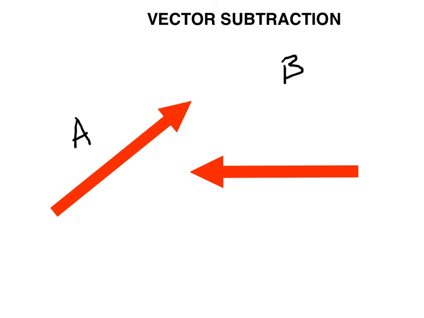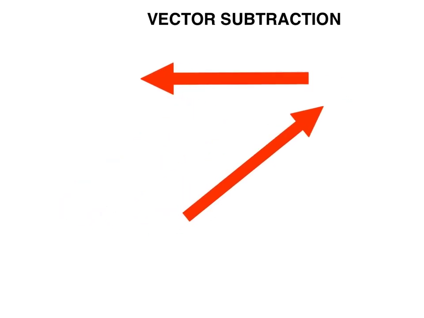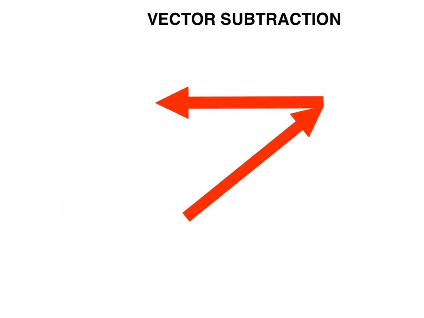Now I have A, and this is now negative B, because the arrowhead used to be over here, but now it's on this side. Okay, so now I want to subtract these two, do the same thing I did before. Move them head to tail, and then I draw my resultant. And that is the resultant of A minus B.